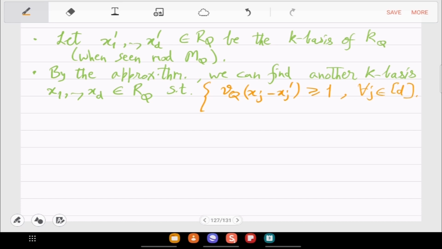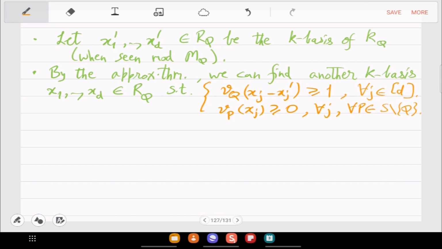And for other points P, the valuation is non-negative. So this is a simultaneous set of inequalities that you have to satisfy.